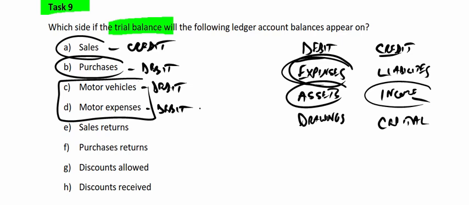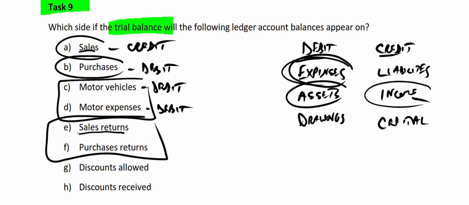Now, we've then got returns. Returns do quite often fool students. The thing about returns is that they're essentially the opposite of the thing they relate to. So sales returns is the opposite of a sale. If you make a sale to a customer, that's income you're generating. If they then don't like what you've sold them and they send it back as a return, then that's going to reduce your income.